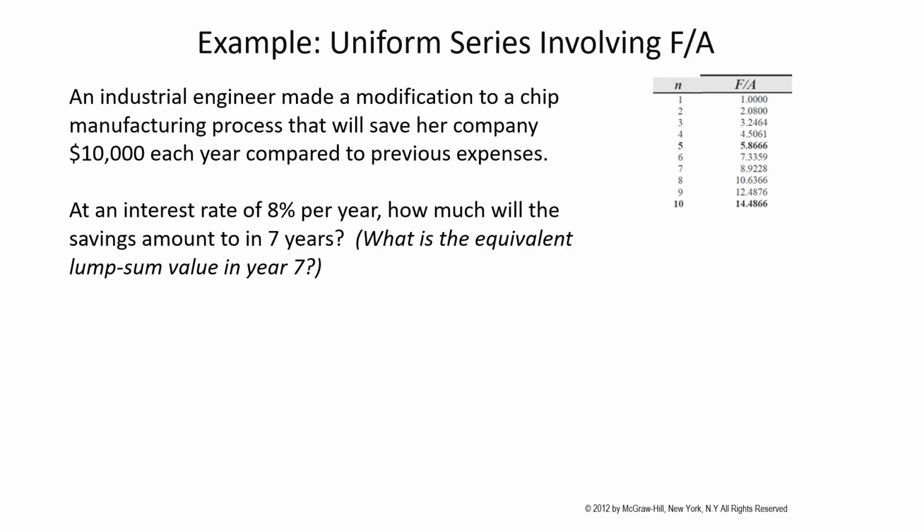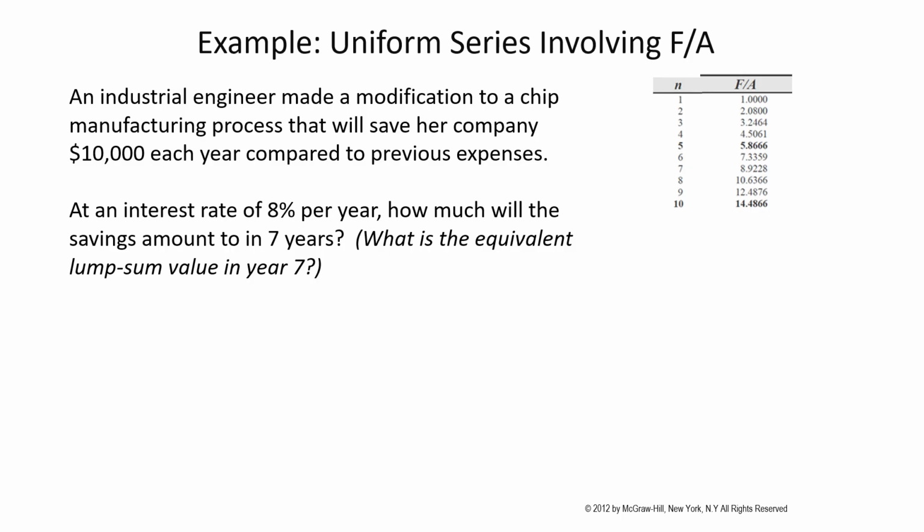So if we're going to draw a cash flow diagram of this, what it's saying is we've got 7 years of those savings, each of which are $10,000. So 1, 2, 3, 4, 5, 6, 7. Amount is 10,000. And again, the reason why the arrow is up is this isn't save like you're putting the money into a savings account. You're not shelling out money. This is expenses. It's not a deposit, but it still counts as an inflow because it's what you previously were spending.